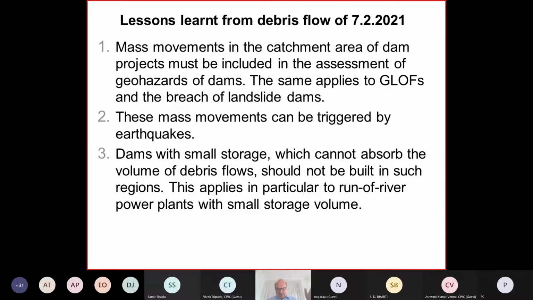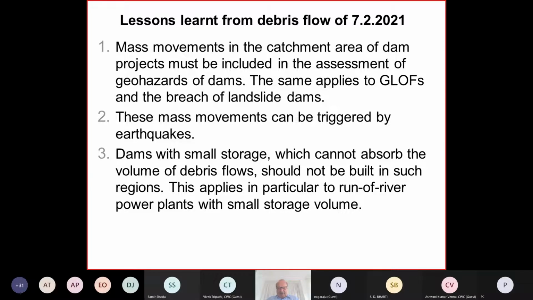And if you have a debris flow of 10 or more million cubic meters, you cannot stop it by such a small reservoir, and basically the dams will be washed away.